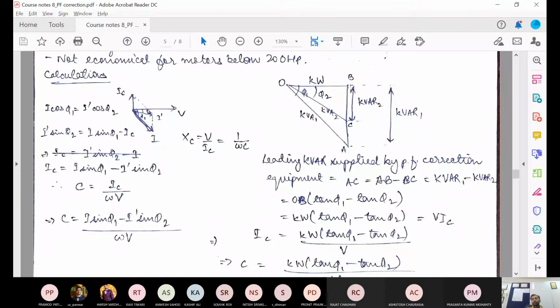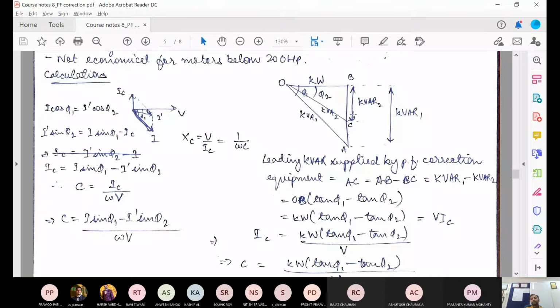In this figure, this is given by the section AC. So this AC is equal to AB minus BC. AB is kVAR1, BC is kVAR2, so kVAR1 minus kVAR2.